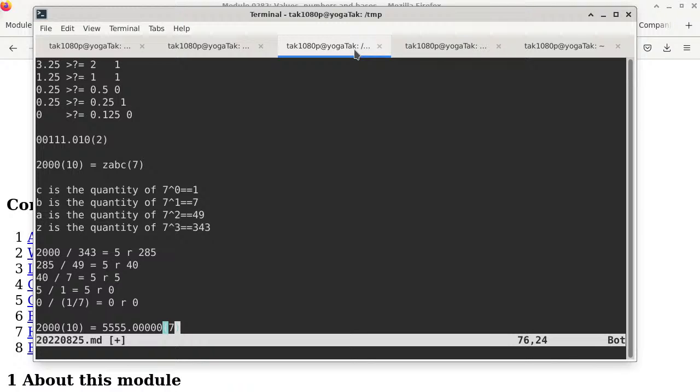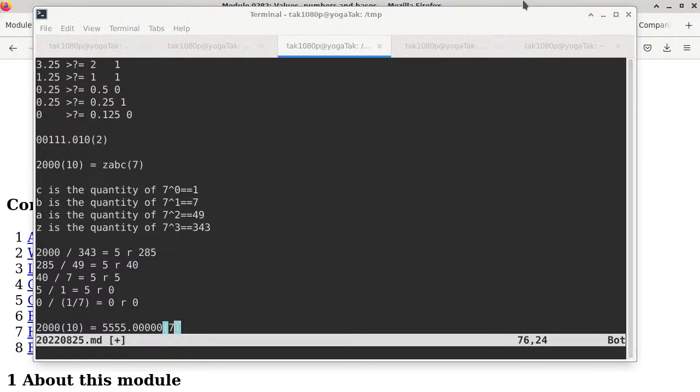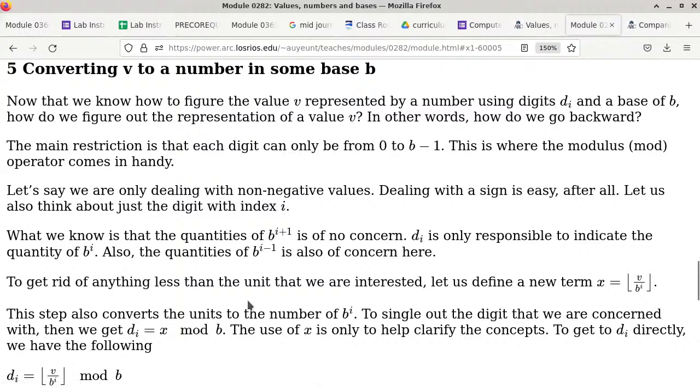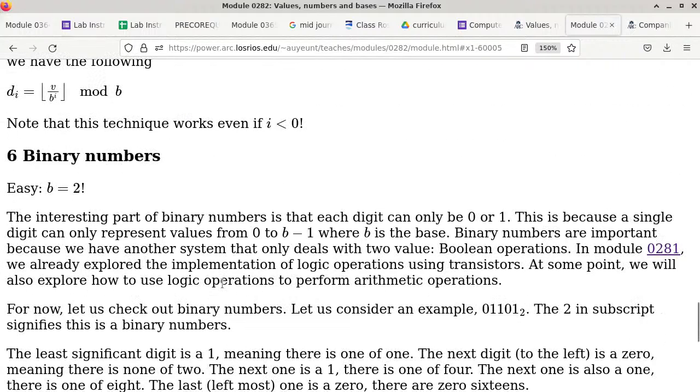Okay, before we get on to the lab, let me remind you what you need to do over the weekend, because I have basically talked about everything in this module without resorting to math whatsoever. So you need to read this module and understand the math, how we work out the math, because there are actual equations here that can help you do the base conversion.